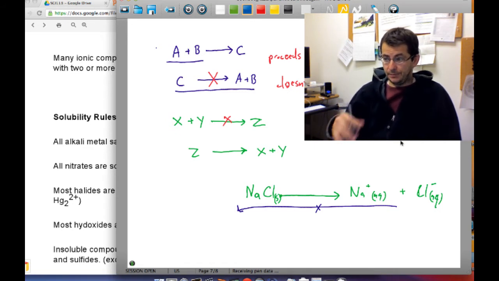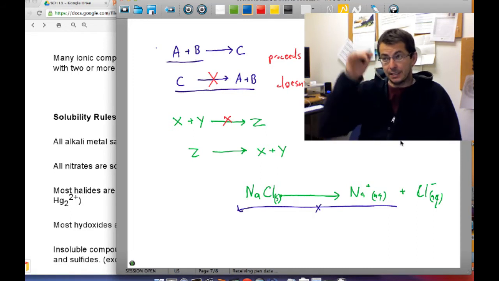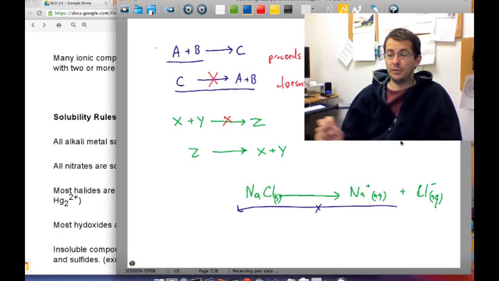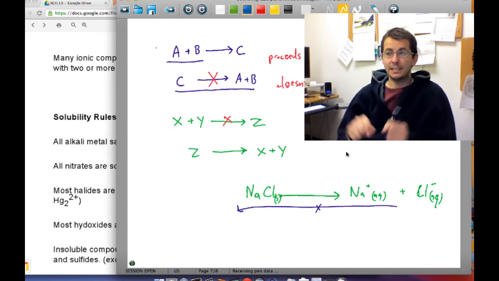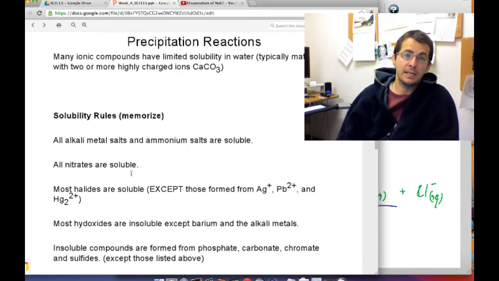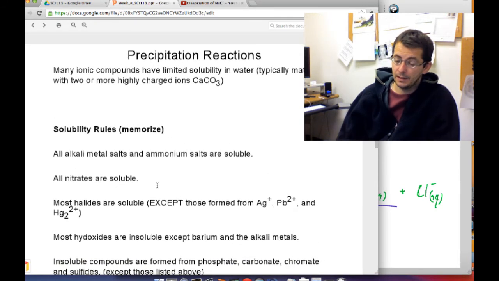So we'll actually cover a lot more about reactions like this in thermodynamics next semester, but we can use this sort of shorthand idea about reversibility of reactions to predict when you bring a series of ions together whether or not they will precipitate. And for this we need to look at the solubility rules.